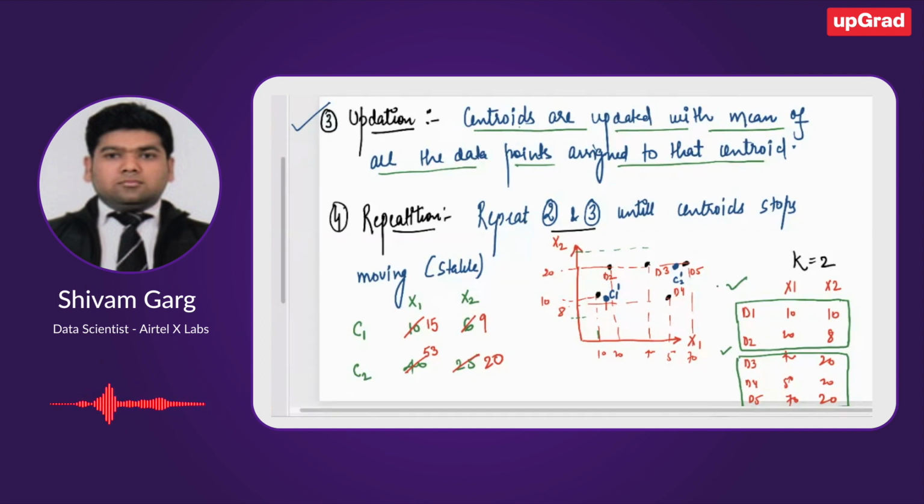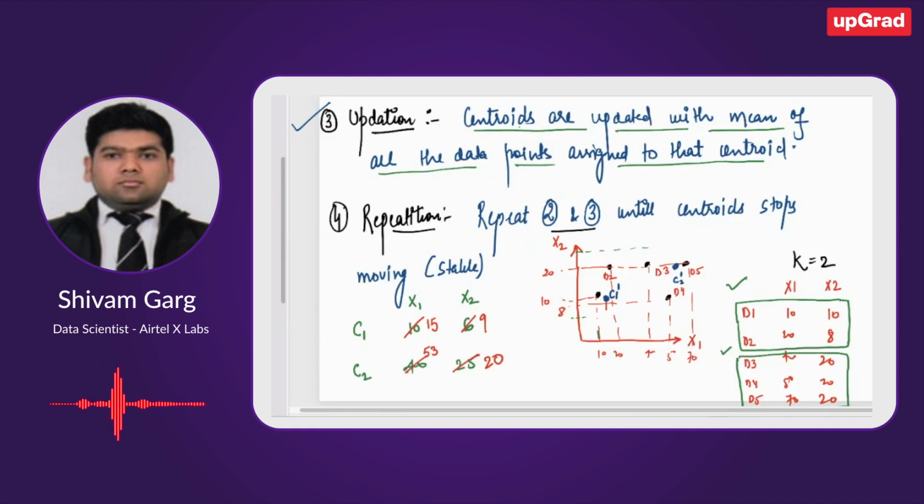We will calculate the distance of every data point again, assign it again, and again do the updation. And we keep on doing this 2 times, 3 times, 4 times. We will assign, update, assign, update, assign, update.